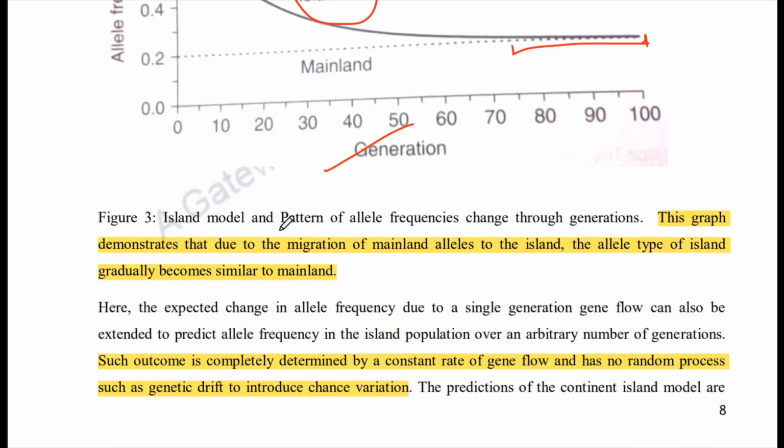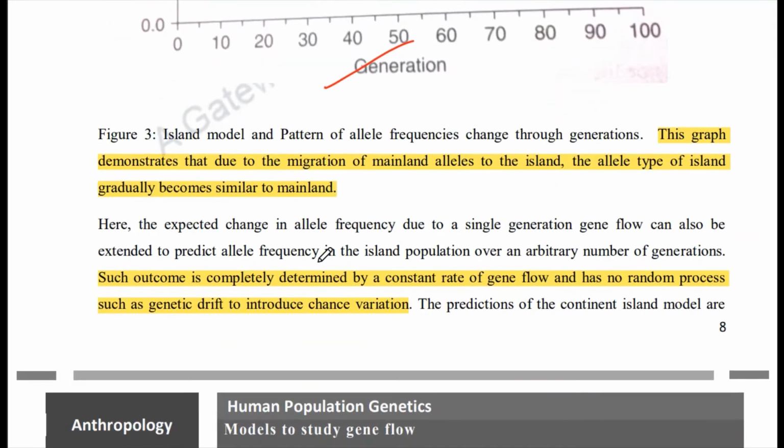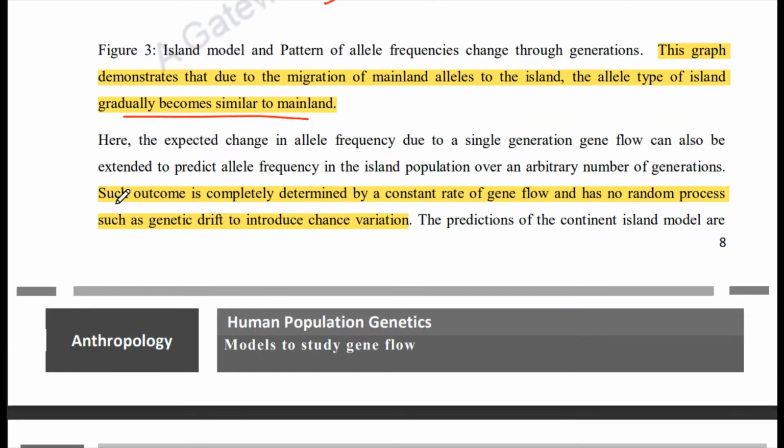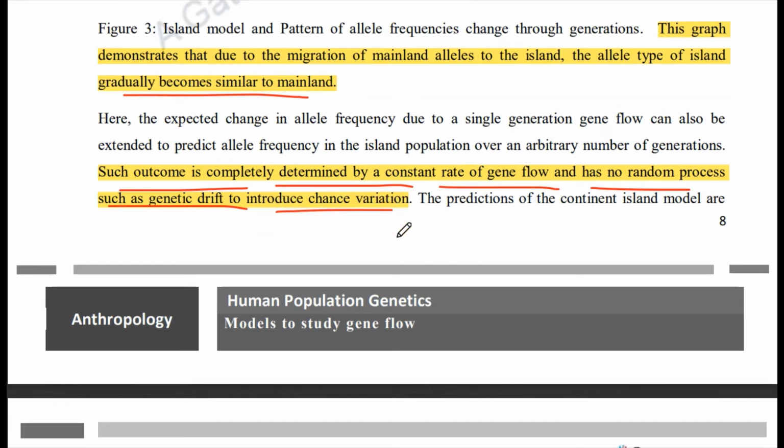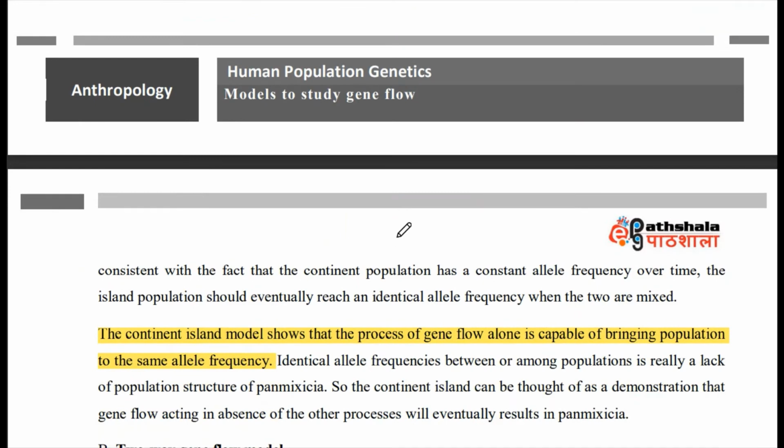The island model and the pattern of the allele frequencies change through generations. This graph demonstrates that due to migration of the mainland alleles to the island, the allele type of the island gradually becomes similar to the mainland. Such an outcome is completely determined by a constant rate of gene flow, and there is no random process, be it genetic drift or anything else which could introduce any form of chance variation.